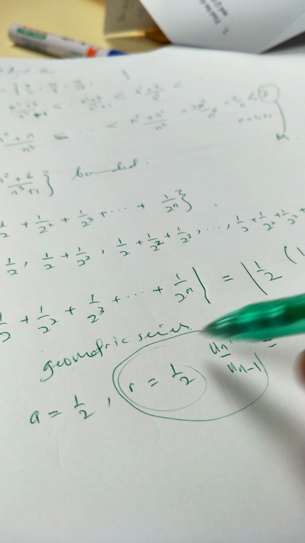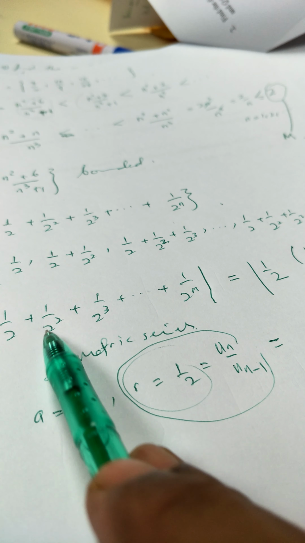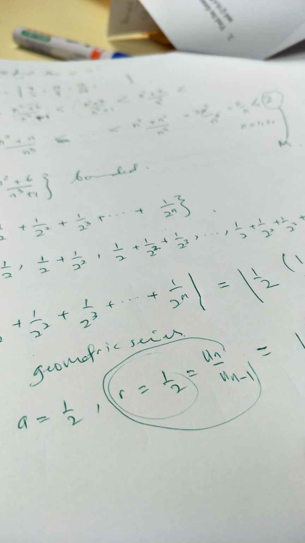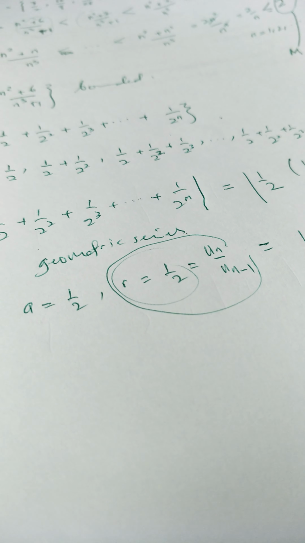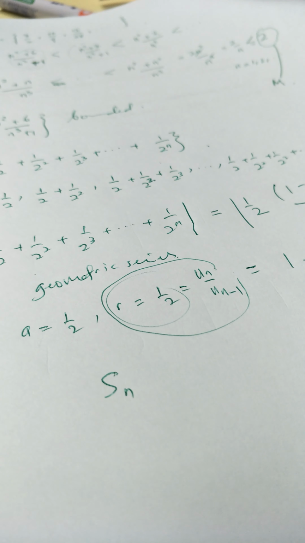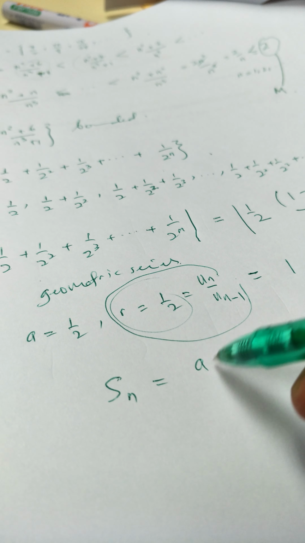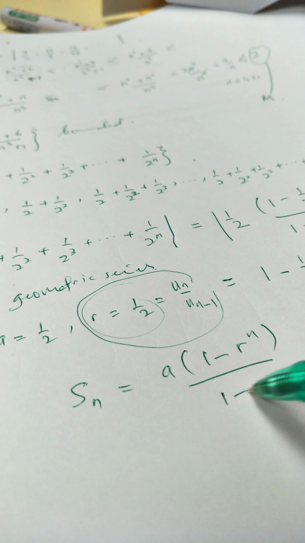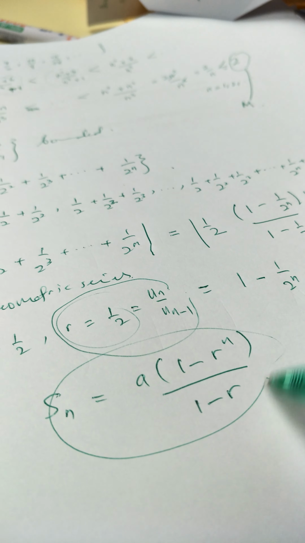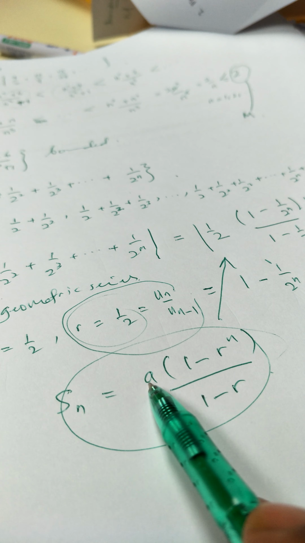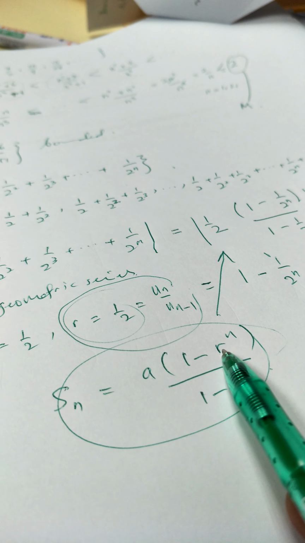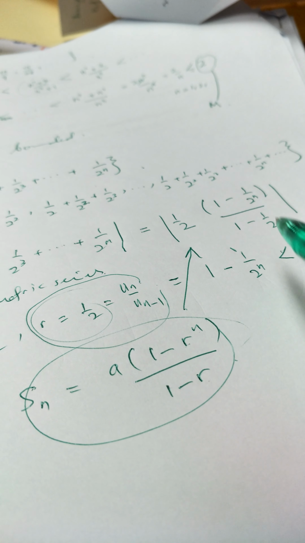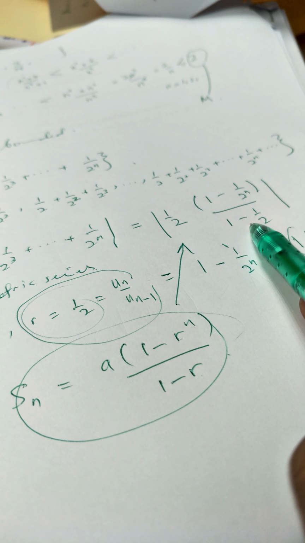So 1 over 2 squared divided by 1 over 2, so you get half. And so on. And if you sum up this thing up to n terms, we have what? A times 1 minus r to the n over 1 minus r. That's the formula. So we use this formula to get that. Our A is half, 1 minus half to the n, over 1 minus half. So we got those things.